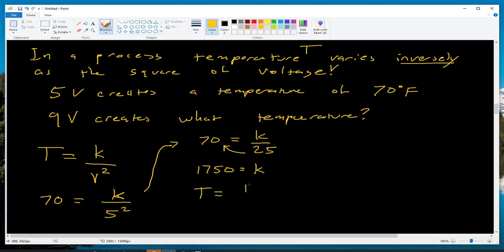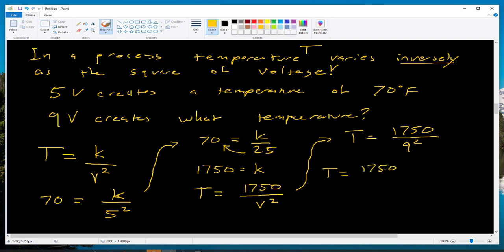T equals 1750 over V squared. And we're saying, okay, now what if the voltage is 9? What's the temperature? So we just plug 9 in for the voltage. We get temperature equals 1750 divided by 9 squared. 9 squared is 81. So temperature is 1750 over 81, and that's degrees Fahrenheit.